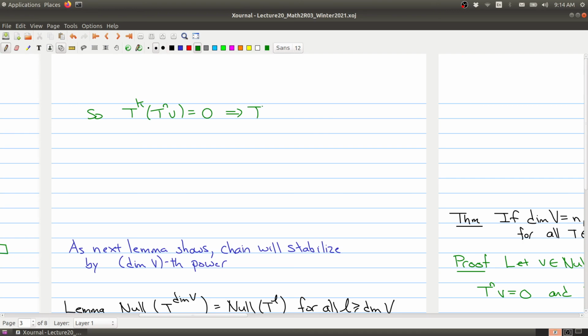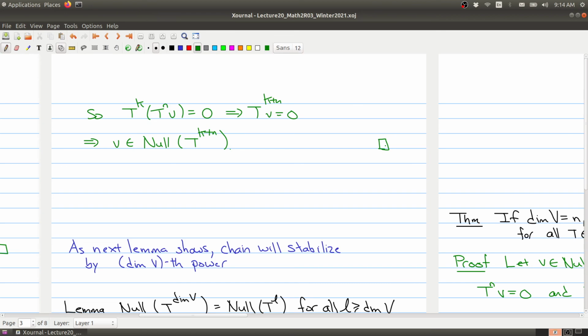But this means that T raised to the power of k plus n evaluated at v is 0. So this implies that v is also in the null space of T raised to the power of k plus n. And that's what we needed to show to complete the lemma.